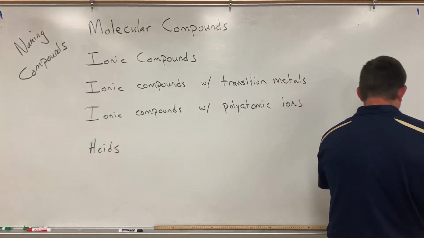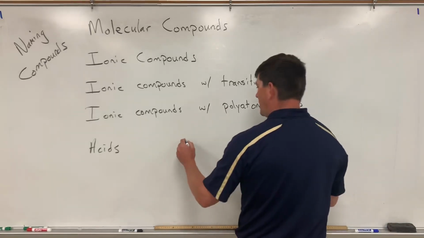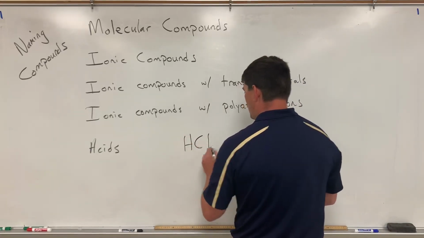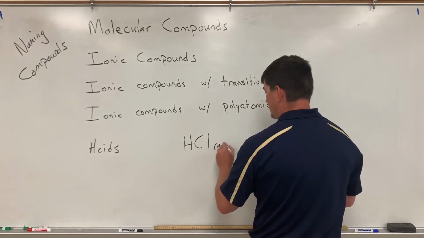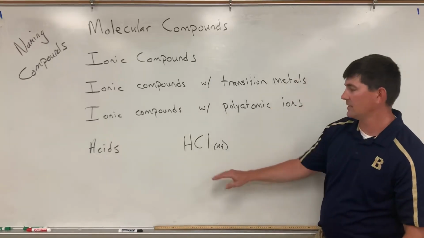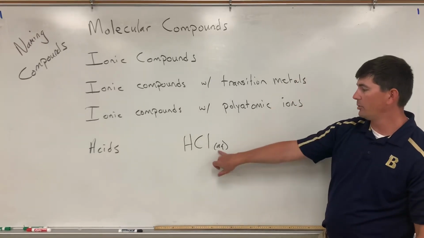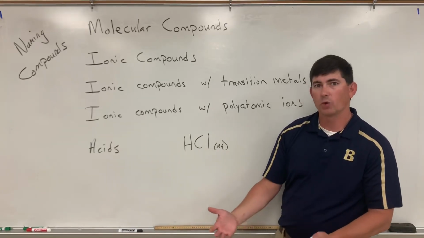And then an example of an acid. I told you that an acid is just hydrogen bonded with a nonmetal. So this would be an acid. This would be hydrochloric acid, hydrogen bonded with chlorine. I put the AQ here. The AQ just means aqueous, or dissolved in water.